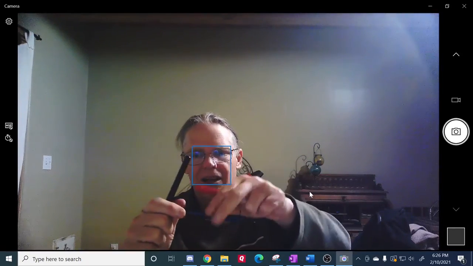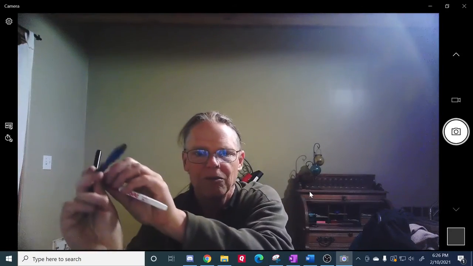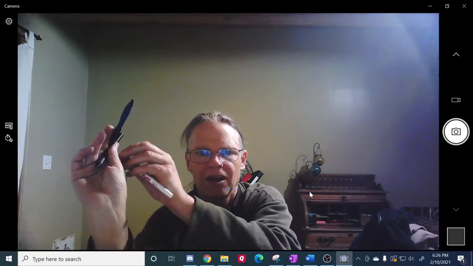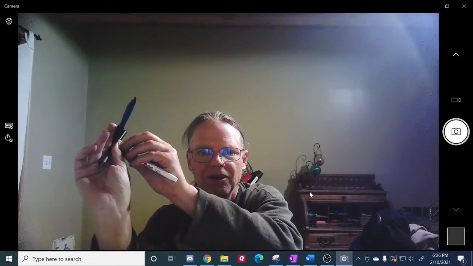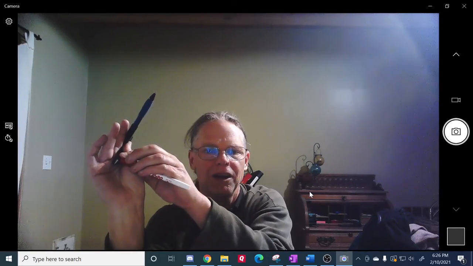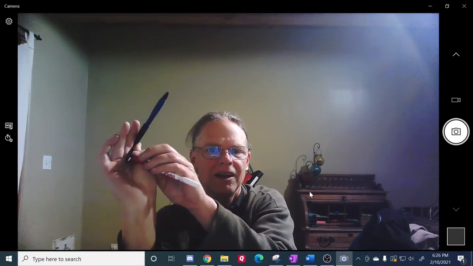Let me do it like this. Have these two, it might be hard to see, but that's perpendicular. This is going to be perpendicular to the pen also, but at a right angle to the other one.